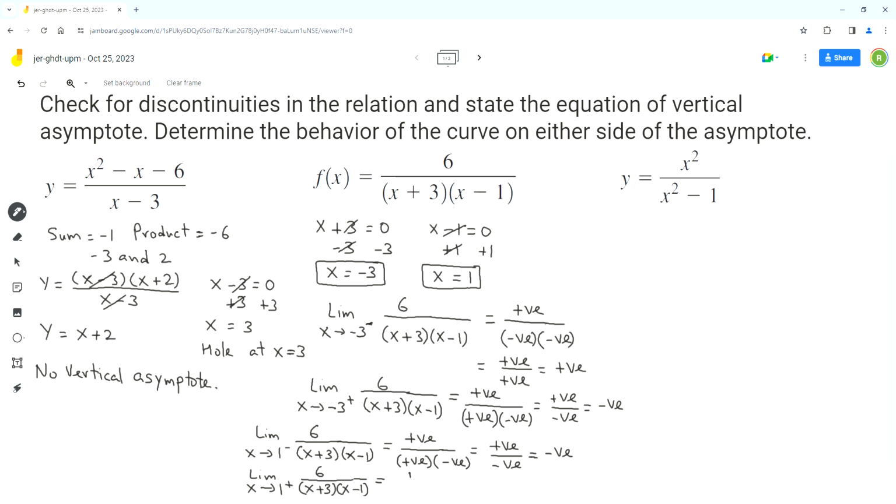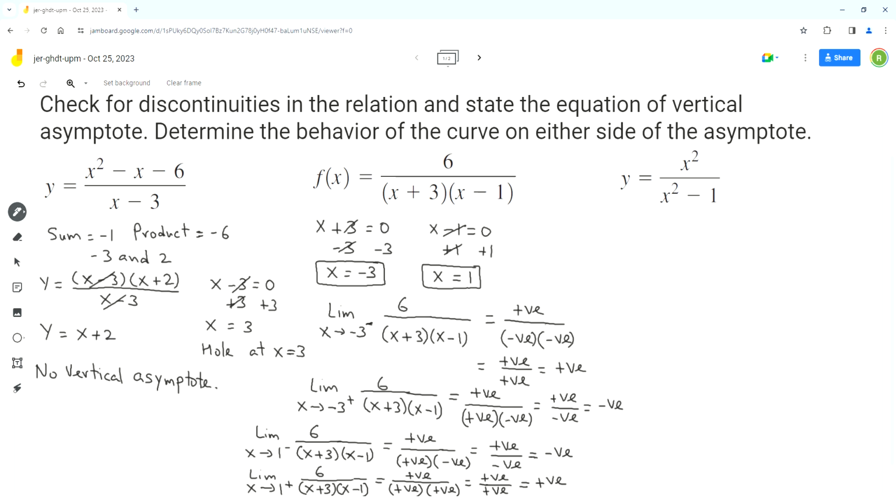The numerator will always be positive, and in the denominator, x plus 3 will be positive and x minus 1 will also be positive. So this will make the denominator positive, and since the numerator and the denominator are positive, the overall value will also be positive.